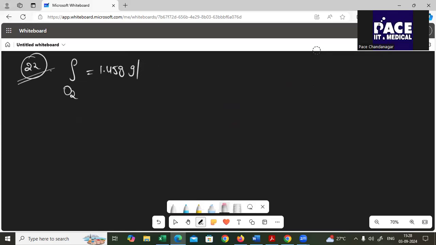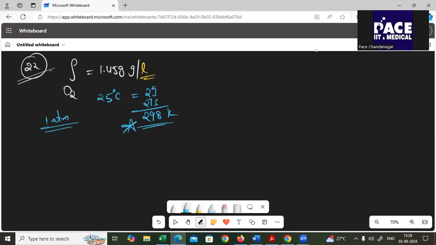It is given at 25 degrees Celsius, and do not use that as Celsius: 25 plus 273 will be 298 Kelvin to be used there. And the pressure is 1 atmosphere.